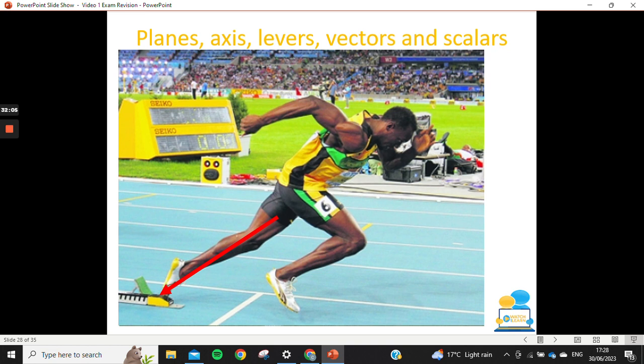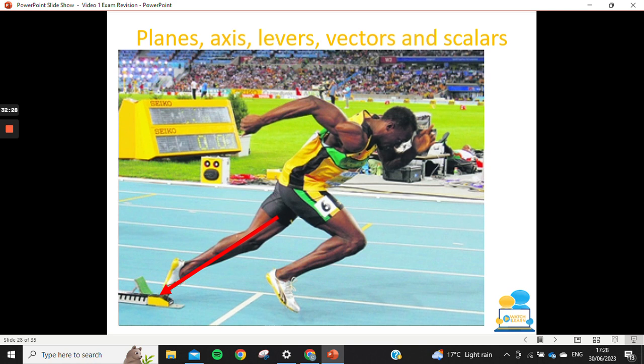So if we look at Newton's second law, the law of acceleration, so force is equal to mass times acceleration, an object accelerates relative to the force applied and in the direction of the force. So again, if we look at the sprinter taking off from the blocks, this sprinter will accelerate relative to the force applied and in the direction of the force.